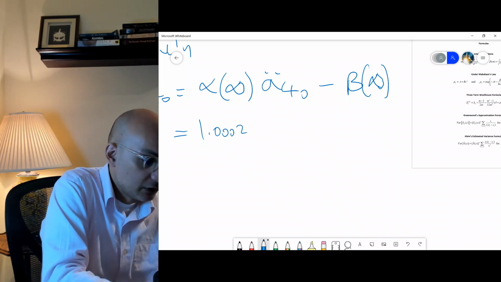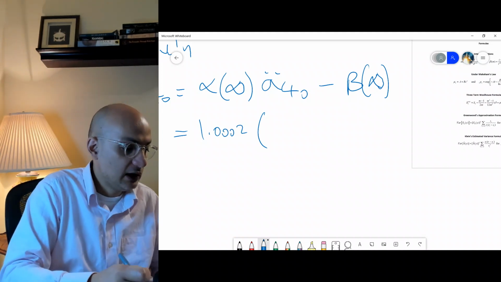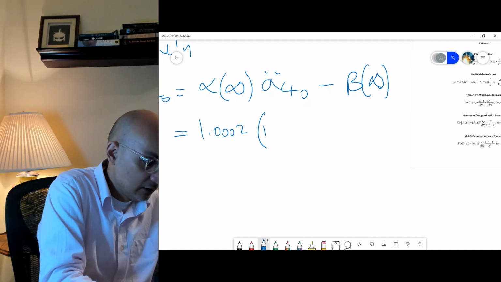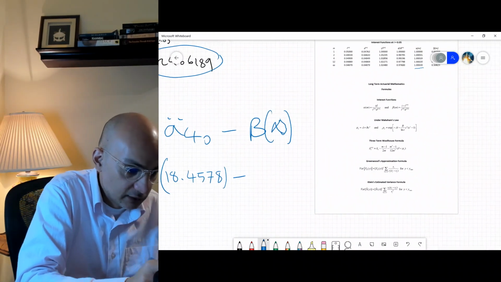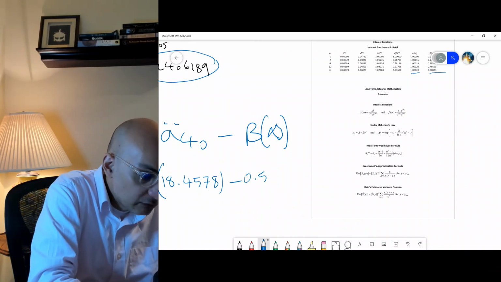Now A40, we go back to the life table, and what is the small letter a? This is the annuity for 40, is 18.4578. Now we need to subtract from it beta infinity, which is this one now, 0.50823.